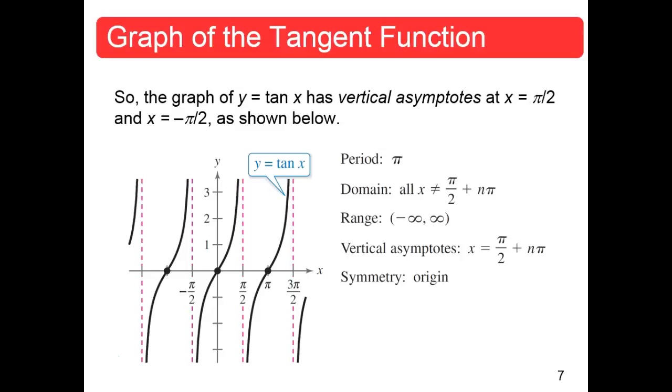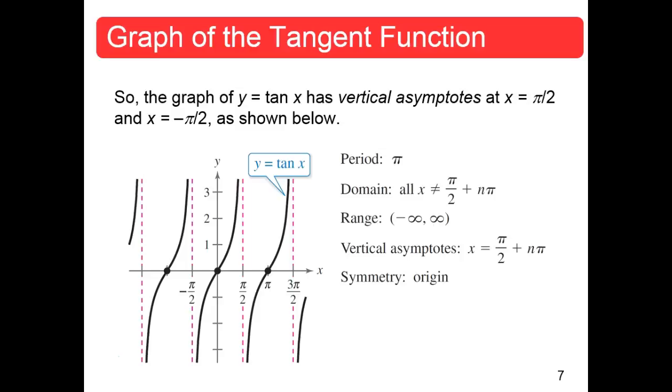So here we have it. Negative pi halves, vertical asymptote, positive pi halves, vertical asymptote. In fact, every half pi, a vertical asymptote. Not your whole pies, your half pies.